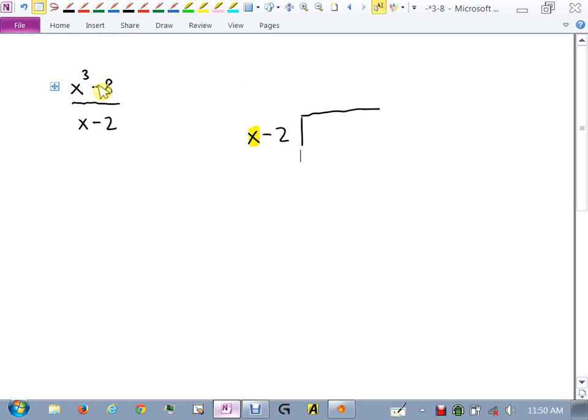So when you write your polynomial on the inside, you write x cubed plus 0x squared plus 0x minus 8. This gives you placeholders, vertical space, so that when you come to put those things in, they'll have somewhere to go. In the end, these are just zeros. There's nothing there.